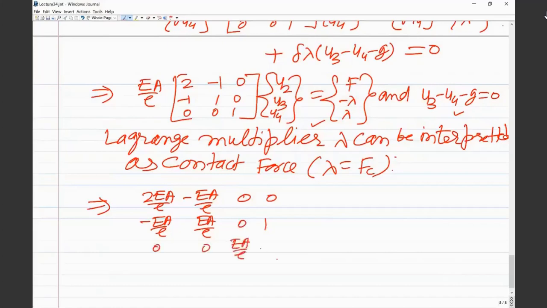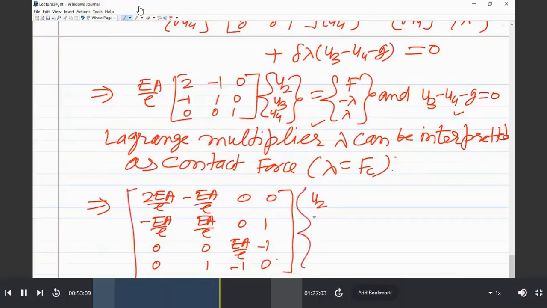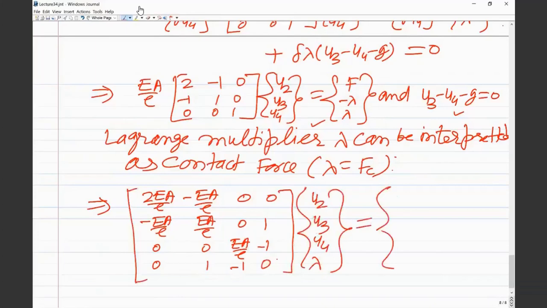EA by L, and then minus 1, and then 0, minus 1, this is plus 1. Now all the four equations you are putting together, then the unknown vector is u2, u3, u4 and lambda. So all the four equations we are putting together, and the right side we will have f, 0, 0 and g. That is, the last one is actually this equation, and first three are these equations.